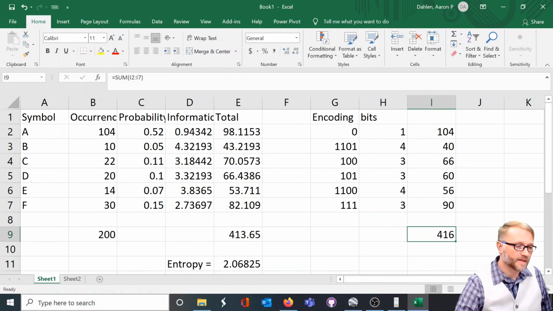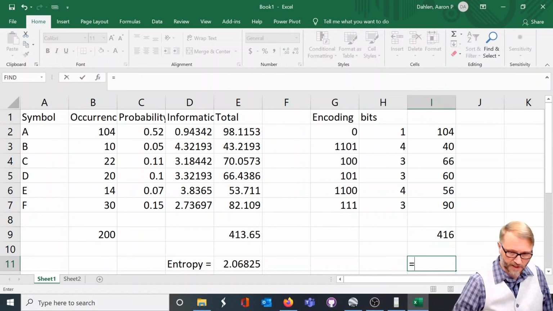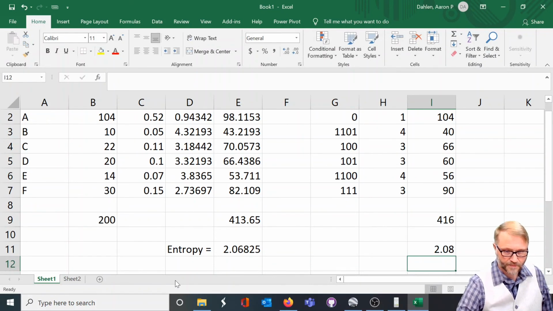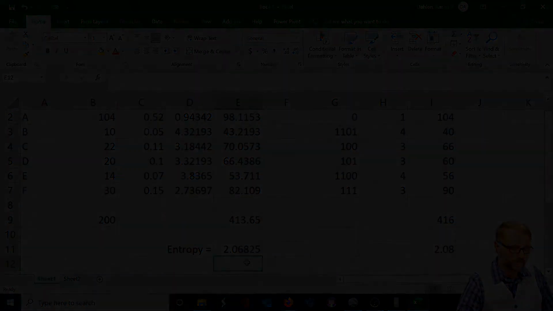To determine this sequence for this 200, we had to ask 416 questions, which means Huffman encoding is this divided by the number of symbols. When all is said and done with Huffman encoding, we had to ask 2.08 questions per symbol. And that is very close to the entropy. So for this particular set, Huffman encoding worked out very well.